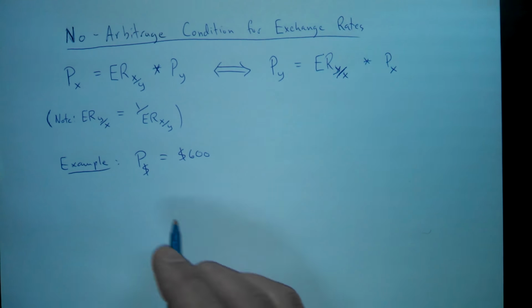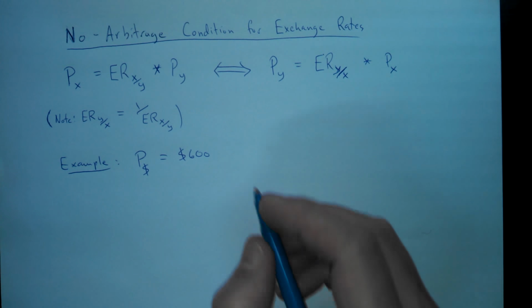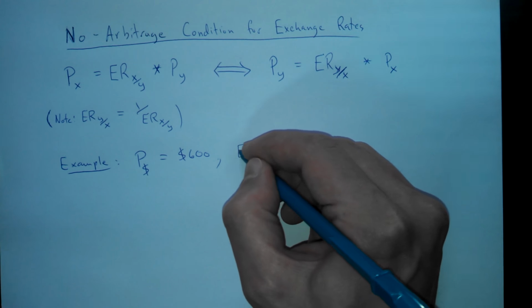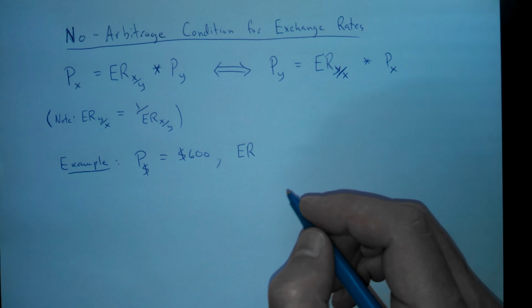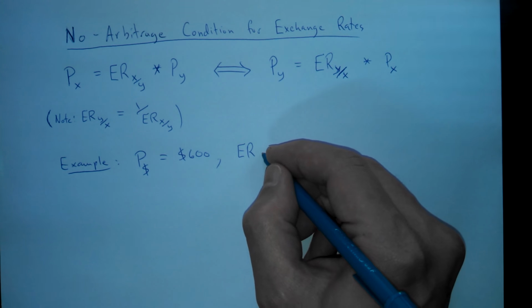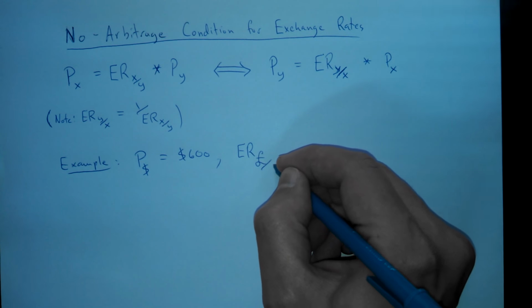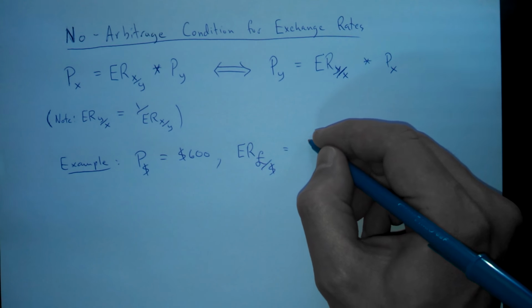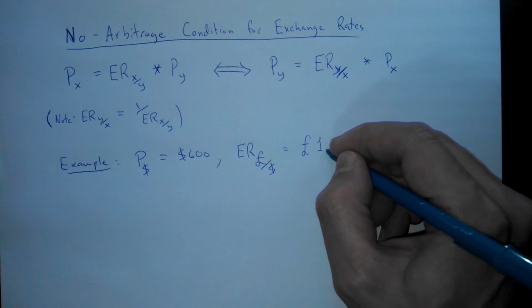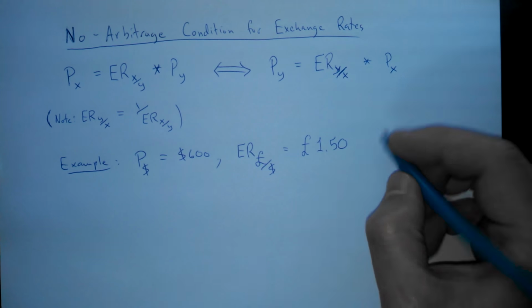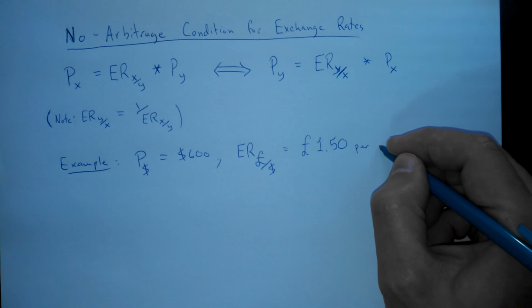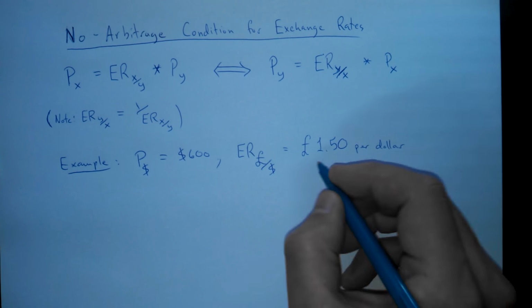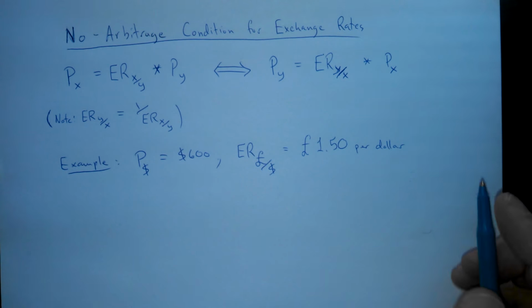And let's suppose the exchange rate of British pounds per dollar is 1.5 pounds per dollar. So for every dollar you exchange, you get 1.5 British pounds.